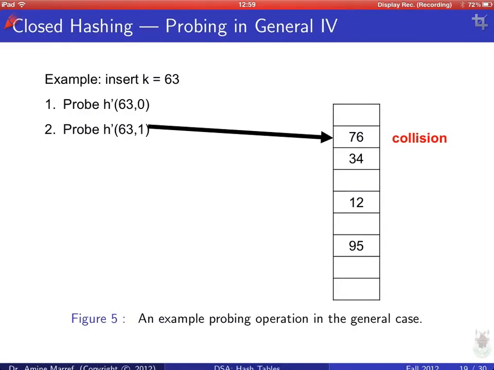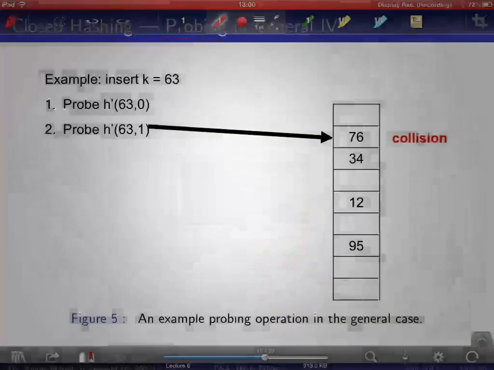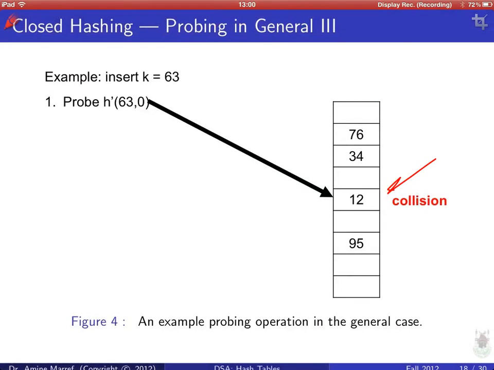It can be this one or another one, etc. Different probing sequences are going to give me obviously different trials of slots when I do insertion. So this is how insertion works in closed hashing. I use a hash function and then I follow the probe sequence. I keep following until I find an empty slot or until I find out that the whole table is full and I cannot perform a new insertion.